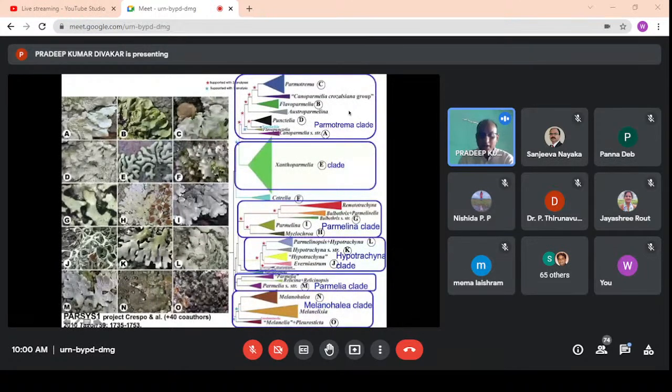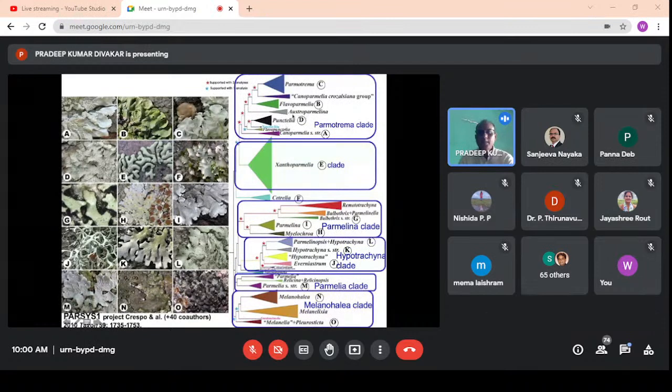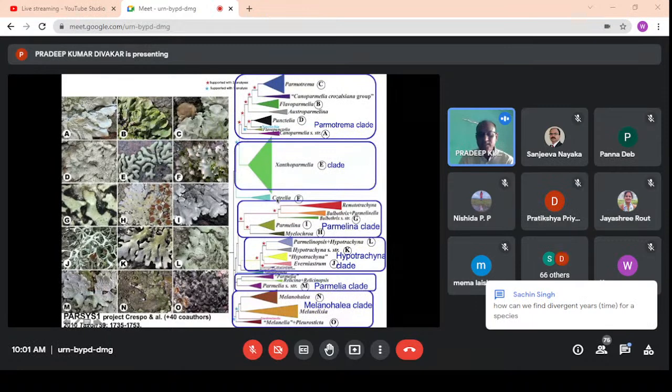That means the Parmotremoid clade that included Parmotrema, Canoparmelia, Flavoparmelia, Astroparmelina, Punctelia, and also Nesolechia. Then we had another clade, the Xanthoparmelia clade, which includes all the Xanthoparmelia species. And then we had the Cetraria clade, where only Cetraria was included.